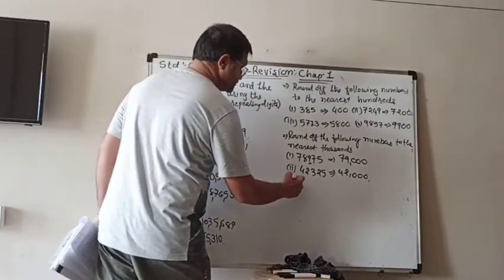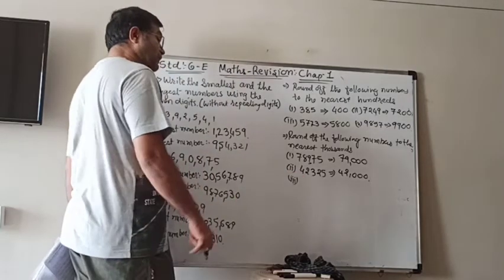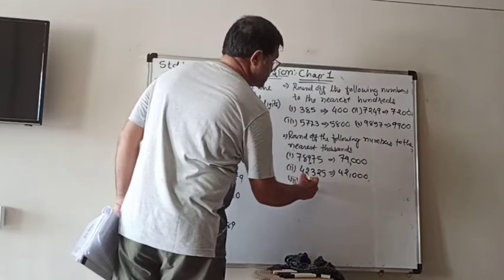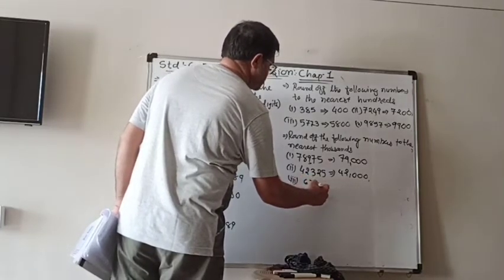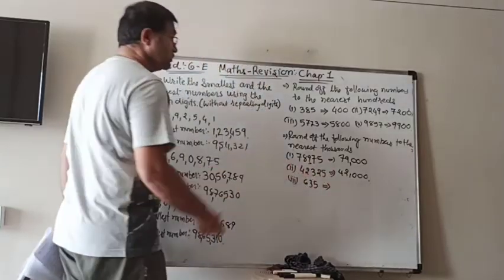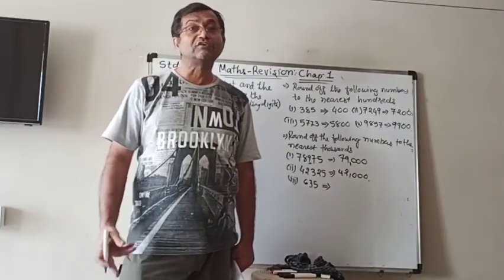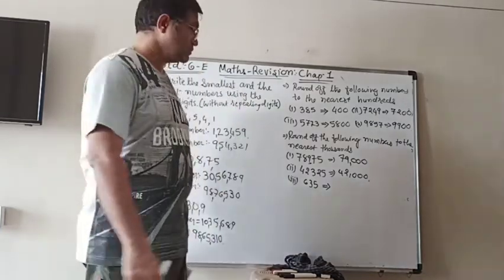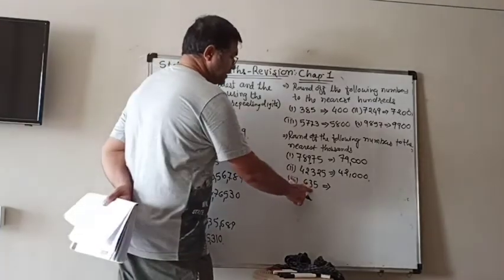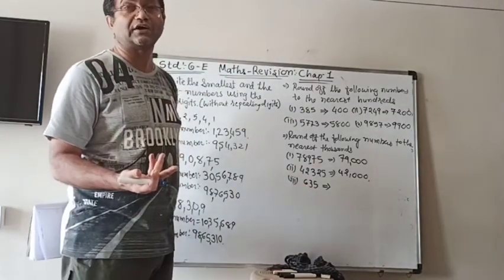Now interesting. What about 635? It is not even in thousand. What will we do now? Here you can see that there is the third last digit, which is 5 or more than 5.